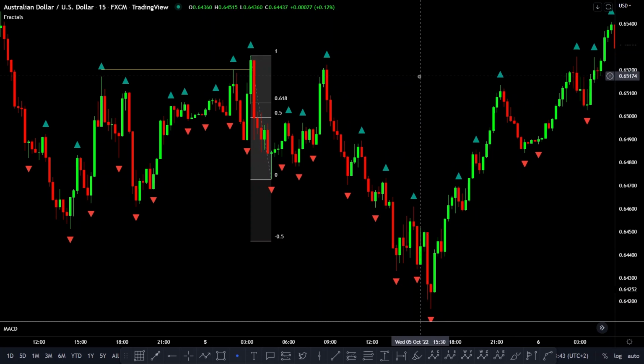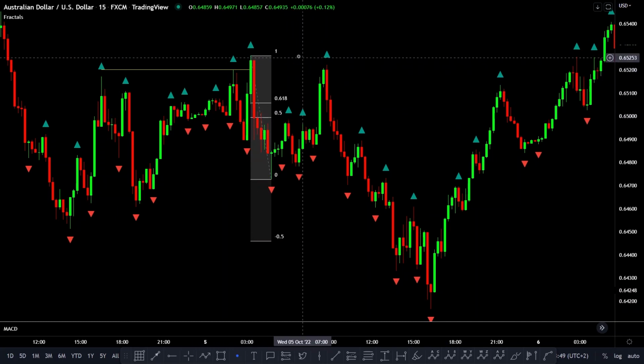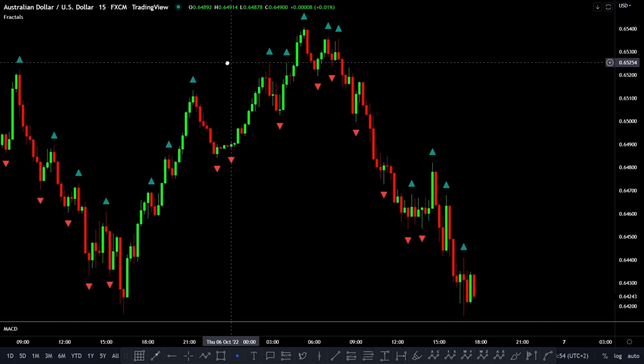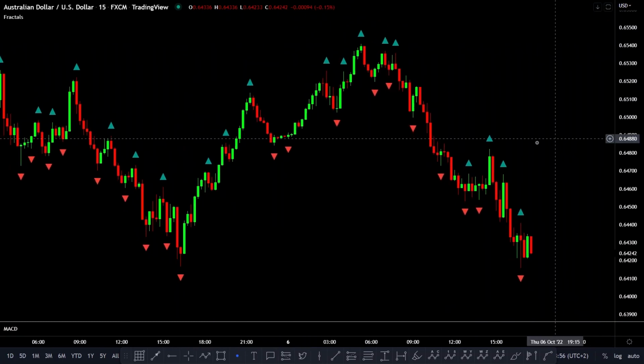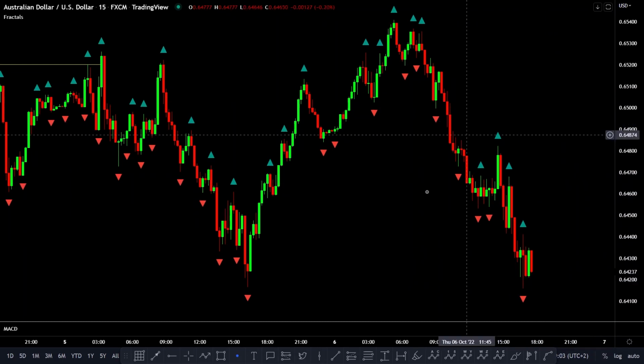I want you guys to stay tuned. I'm going to show you another example at the end of the video, which is just a bonus of how you can get a smaller stop loss around these areas. So let me show you another example right here which happened today. So basically we have this area on the M15, this area right here.